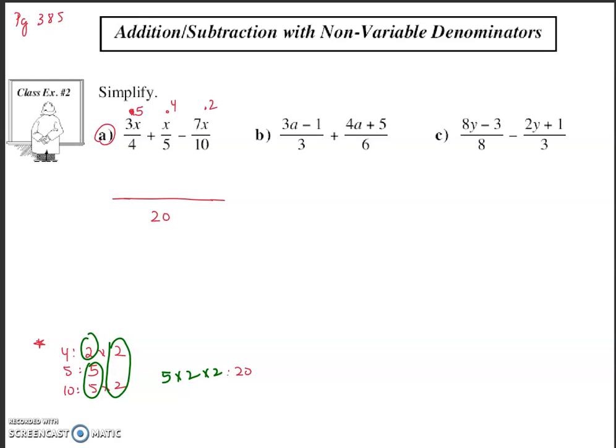So hope it makes sense if I just write that as 3x times the 5 plus x times the 4 minus 7x times 2. So that's what really we're doing, okay? And then when we multiply, we're going to be careful with our signs. So this becomes 15x plus 4x minus 14x, okay?